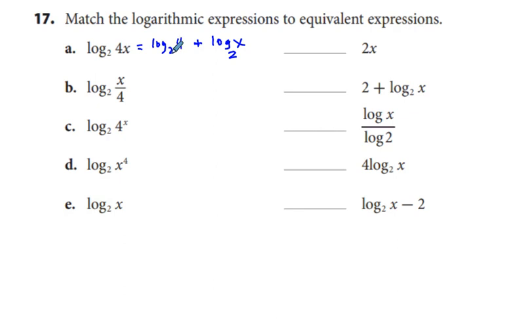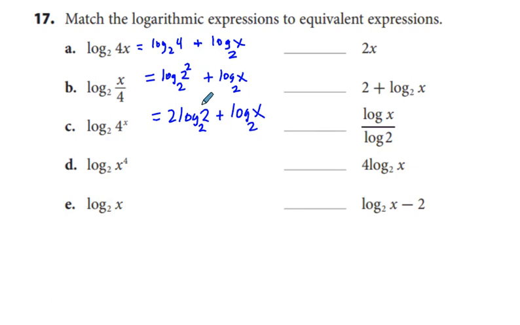Okay, now we're going to rewrite this log base 2 of 4 as log base 2 of 2 squared. So 4 is replaced by 2 squared. I'm just going to carry over the log base 2 of x. And using the power property, this is going to be equal to 2 log base 2 of 2 plus log base 2 of x.